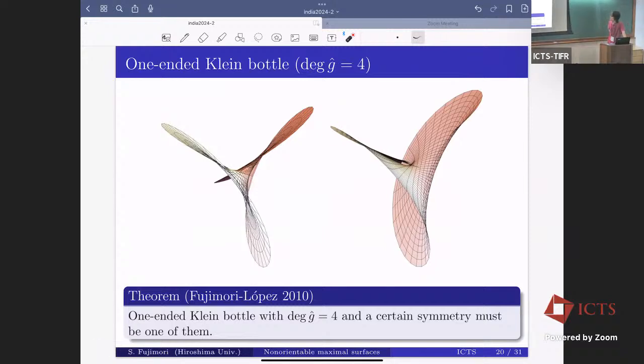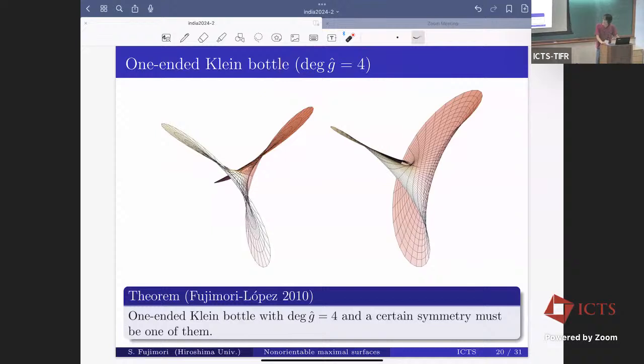Also, we have a one-ended Klein bottle with degree G hat equal to 4. In the minimal surface case, Professor Lopez showed there is a unique one-ended Klein bottle with degree G equal to 4.